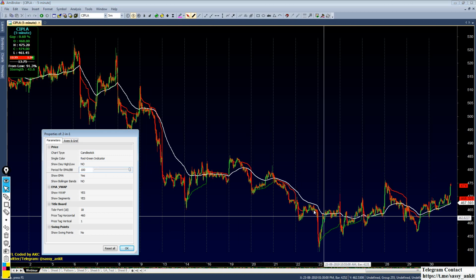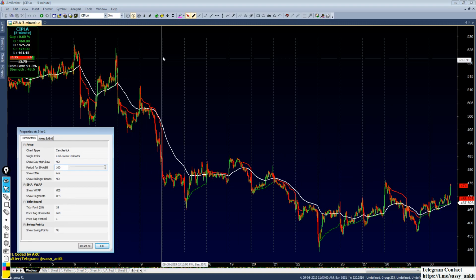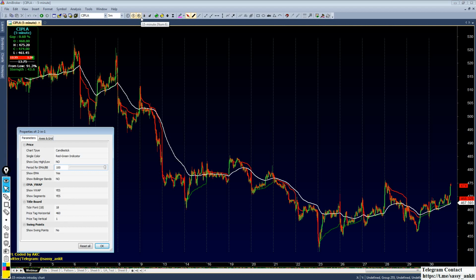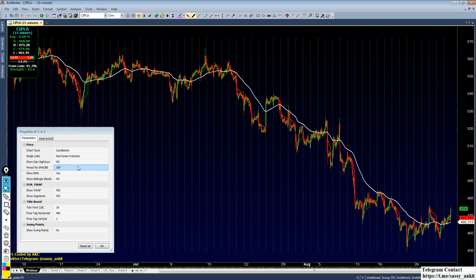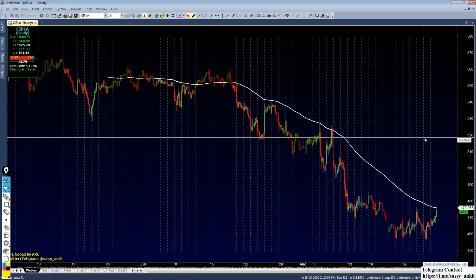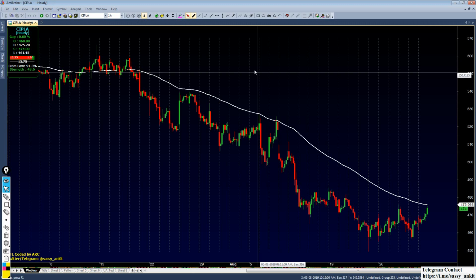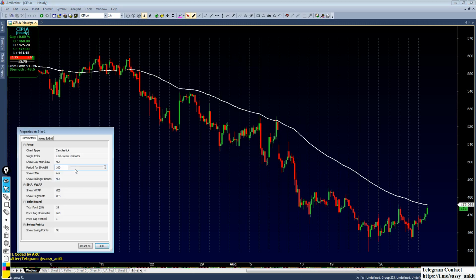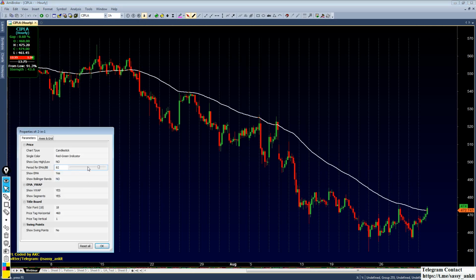Normally this EMA value goes in the hundreds. I don't prefer that much. Till this particular time frame it's okay, you can work around, but the best way to trade using this dynamic support resistance is your hourly. So based on hourly you can find your trades.